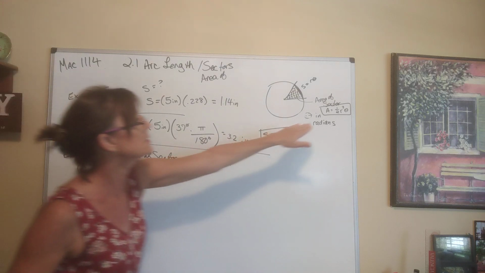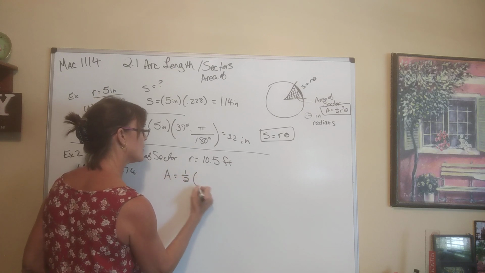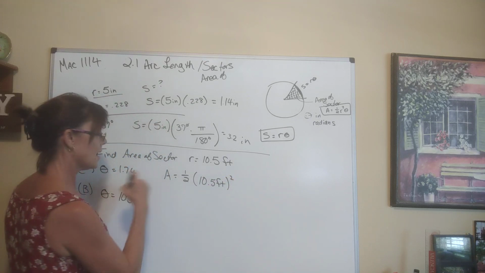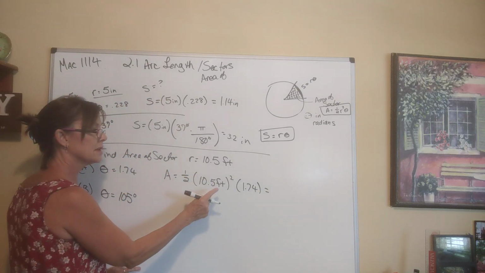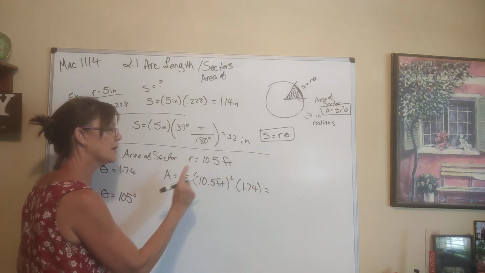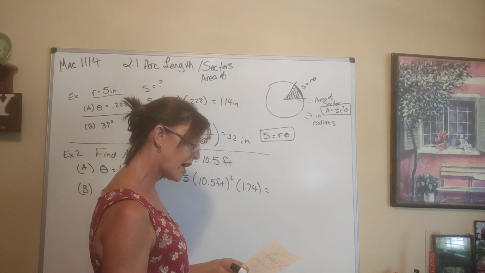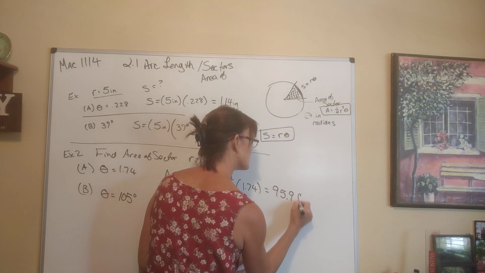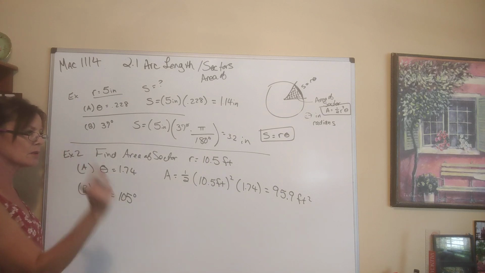So the area of the sector is 1/2 r squared theta. So area is 1/2 r squared, 10.5 feet squared, times the angle, 1.74. And order of operations says square exponents and then multiplication. So you'll square that, multiply by that, and divide by 2, and you will get 95.9 square feet. And then here, the problem is this is in degrees, so we're going to convert it.